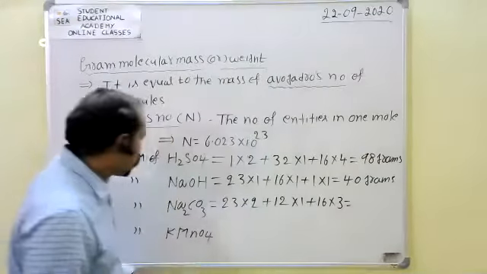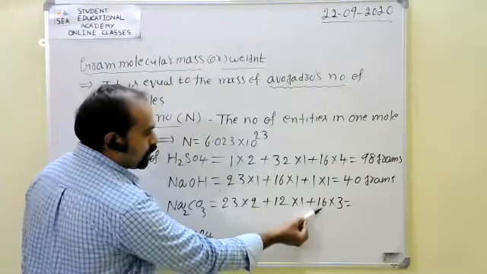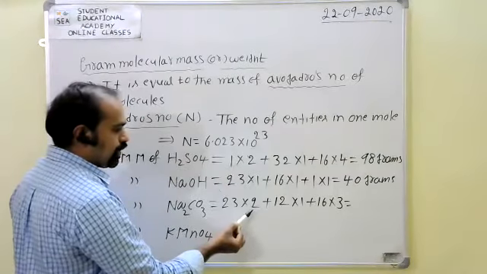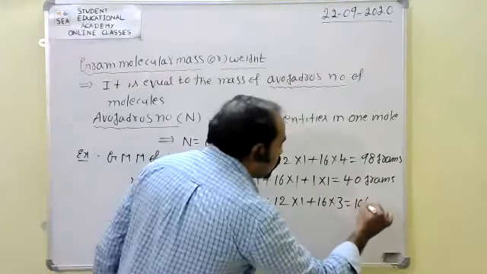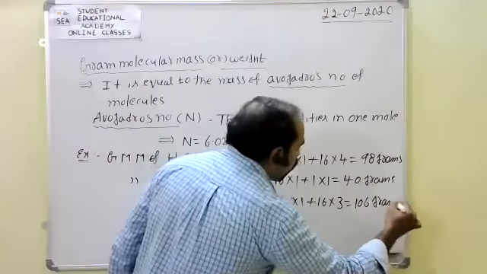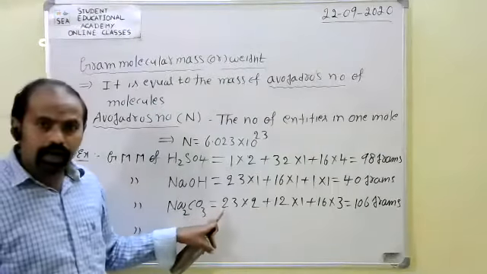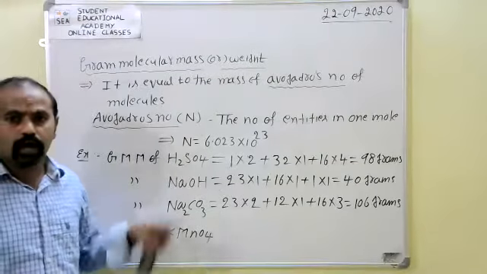So if you calculate the total: 46 plus 12 is 58... 48 plus 12 is 60, 60 plus 46 is 106 grams. So that is the gram molecular mass of sodium carbonate.